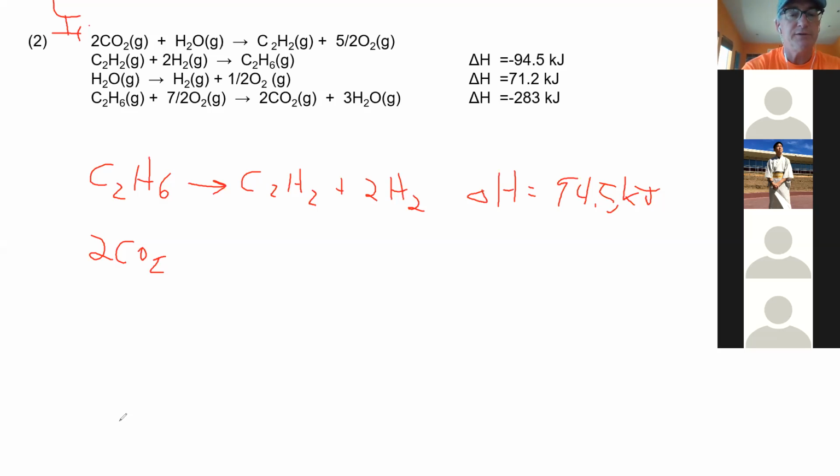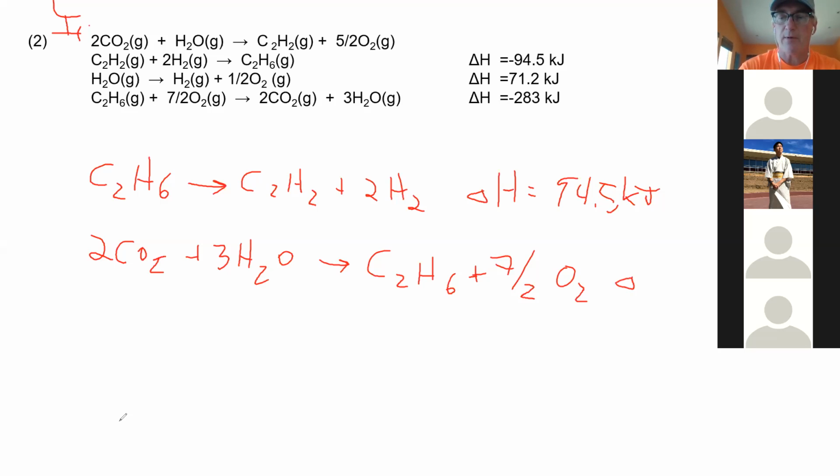So the last one is 2CO2 plus 3 waters gives us C2H6 plus 7/2 O2. So what's going to be the delta H on that one? Just a positive version of that -283. Okay, so it's just 283.